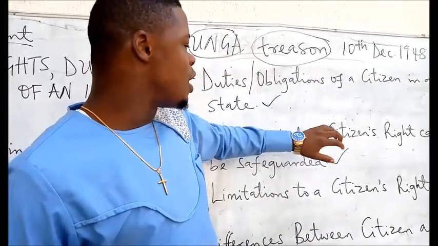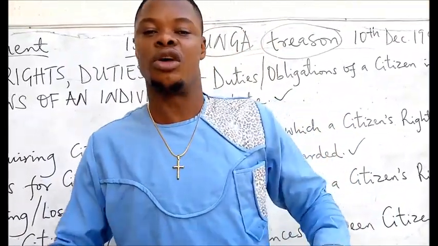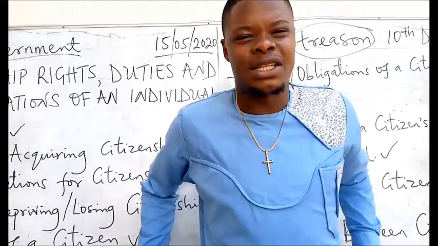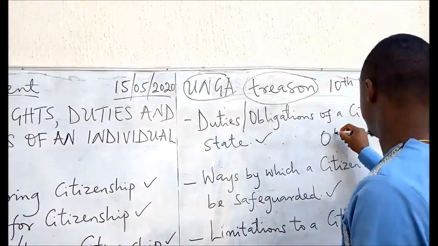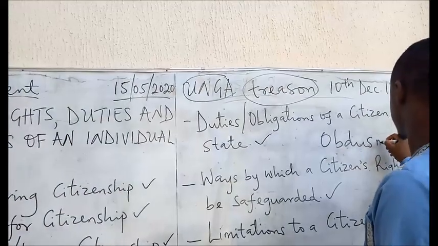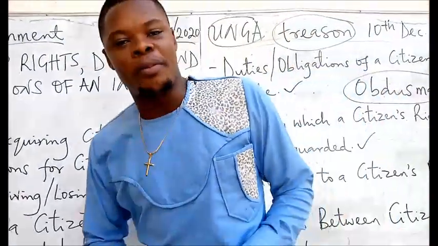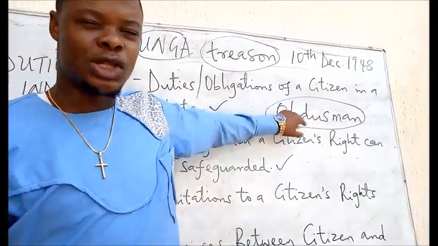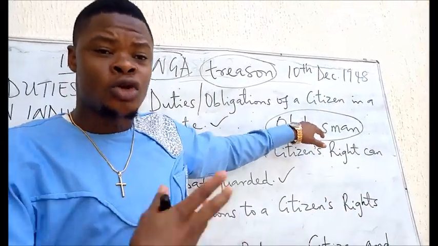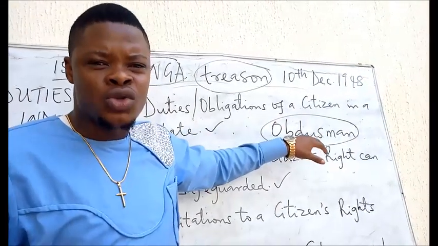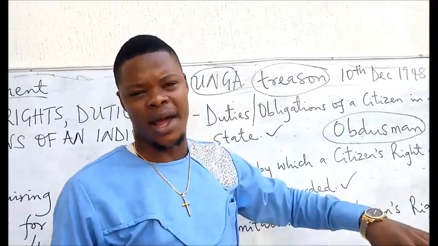Then another way is existence of human rights commission. For instance, there is something that is called ombudsman. Ombudsman is a public complaint commission that you find mainly on local government level, where people can go to complain about infringement in their individual rights.